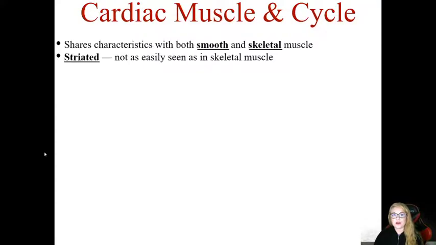Remember, those are the stripes that you can see, and it's not as easily seen as it is in skeletal muscle. Unfortunately, we really didn't get to look at this under the microscope, so that you can see the differences. But if we were, you could very easily see that there are similarities and differences under the microscope between the smooth, skeletal and cardiac muscle.